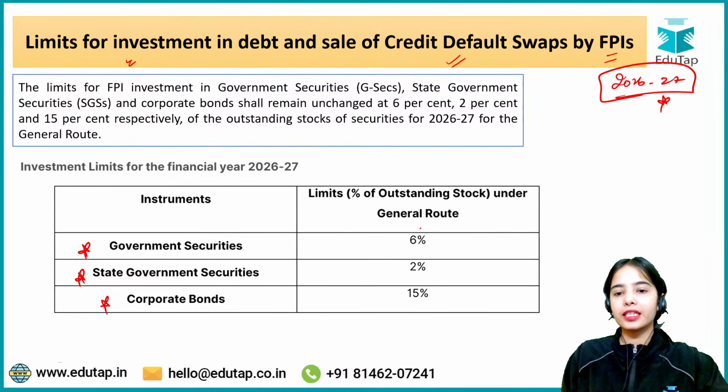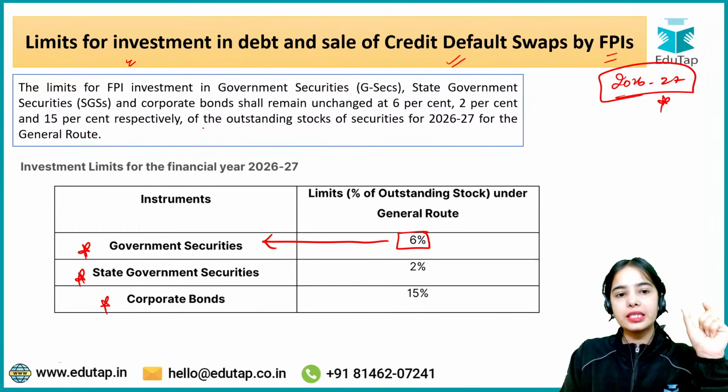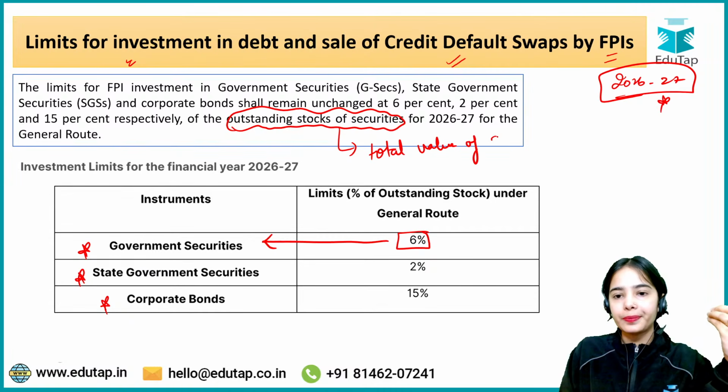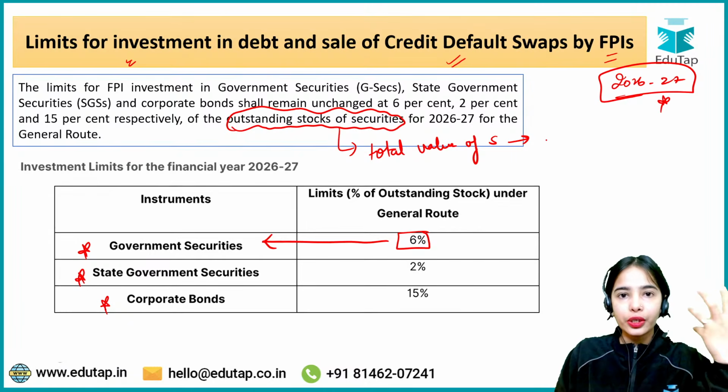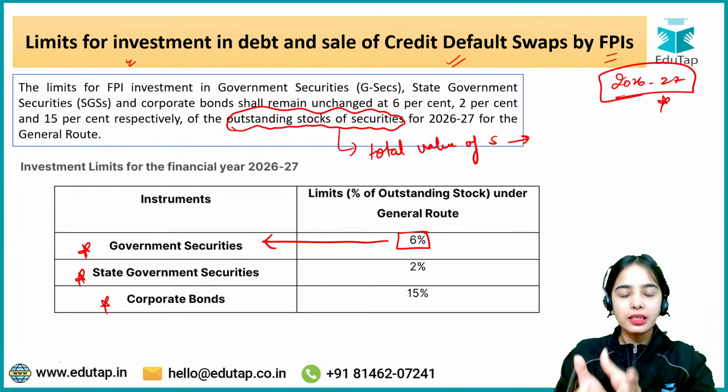So the FPIs, the foreign portfolio investors, have a limit of 6% in the government securities out of the total outstanding stock of securities. Outstanding stock of securities means the total value of securities that have not matured, that are still present in the market.